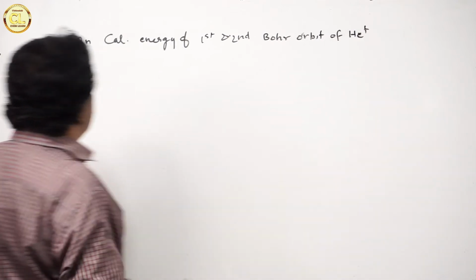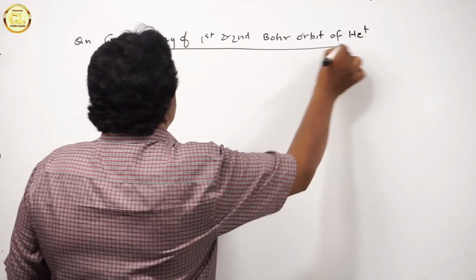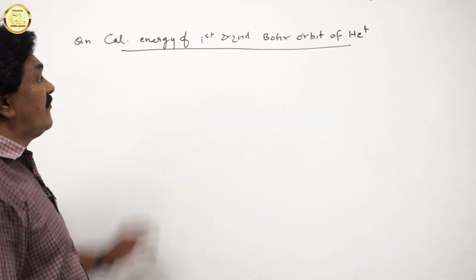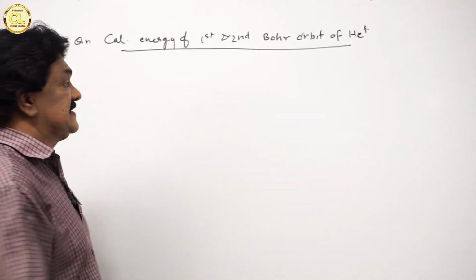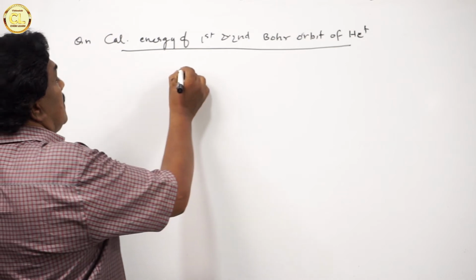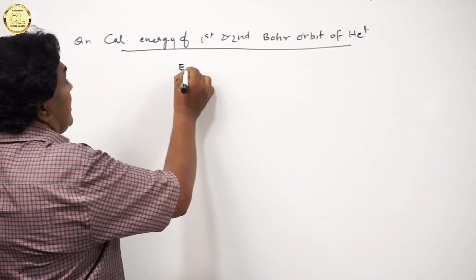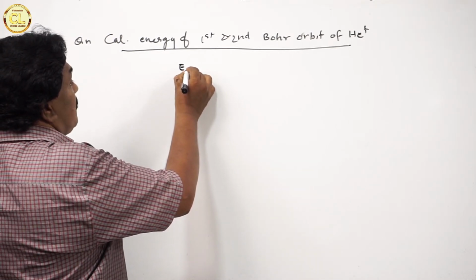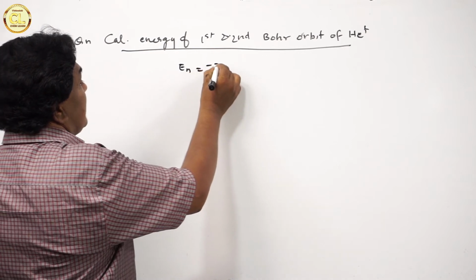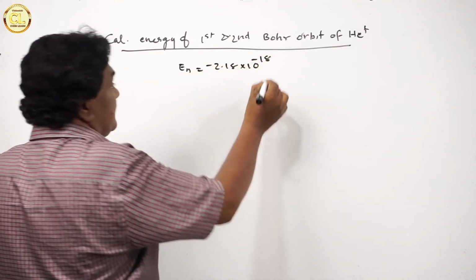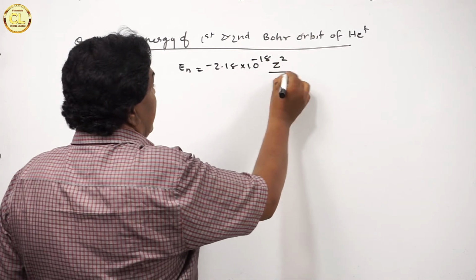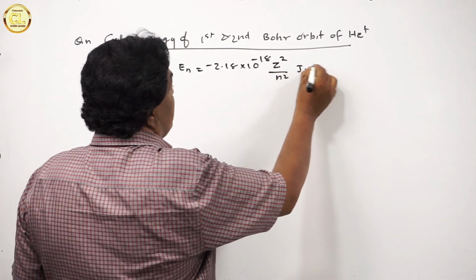See, we are asked to calculate the energy of the first and second Bohr orbit of He+. We know that the energy of the electron of nth level according to Bohr model is En is equal to minus 2.18 into 10 raised to minus 18 Z square by n square joule per atom.